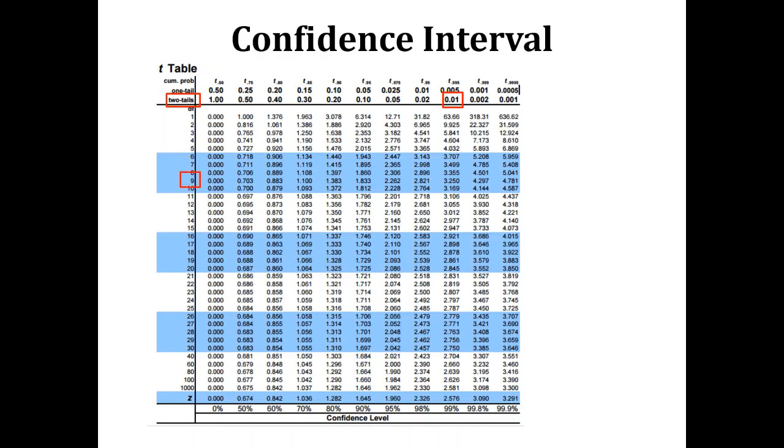The degree of freedom in this case is 9. So the value that we get for t at probability of 0.01 and degree of freedom 9 is 3.250. This is the value of t for our confidence level of 99%.